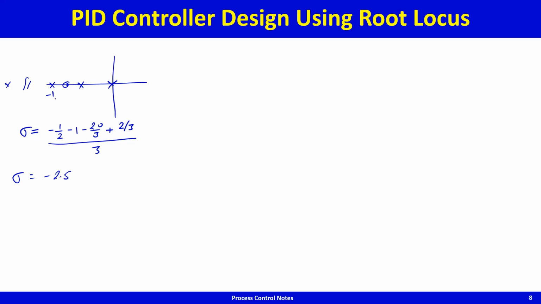So this is minus 1, this is minus half. So minus 2.5 will be further down there. So basically you got your 60-degree asymptotes coming out like that. You're going to get a break point.